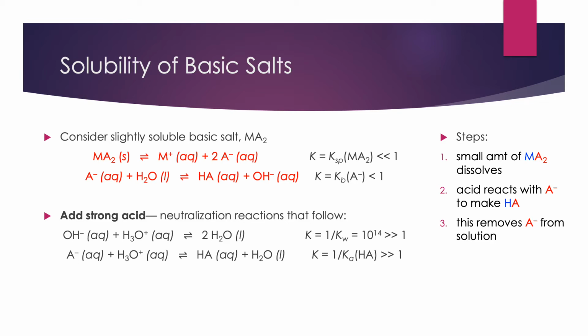This effectively removes the anion from solution. So think about Le Chatelier's principle. We have something that's dissolving here, and we're going to remove part of the electrolytes that are formed from that. Then what happens? More MA2 dissolves. So the effect of this for a basic salt is that by adding a strong acid, we can actually increase the solubility of that basic salt.